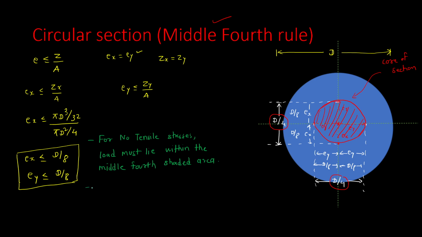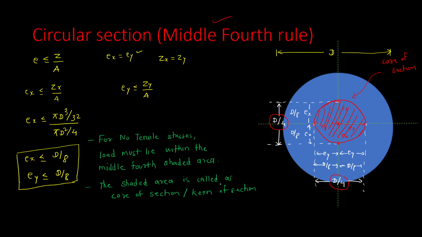And what is this middle fourth shaded area called? This shaded area is called the core of the section, or sometimes it is also called the kern of the section.